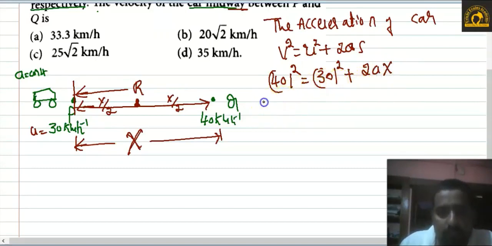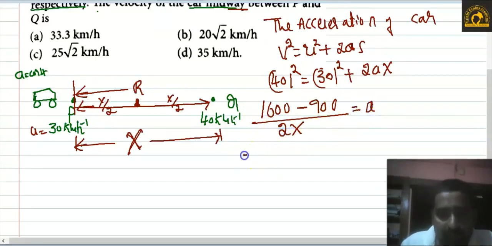So a is equal to (1620 minus 900) divided by 2x. Now, what is a equal to?